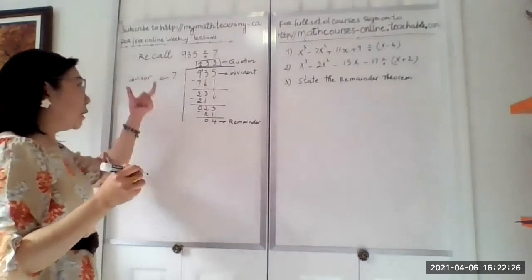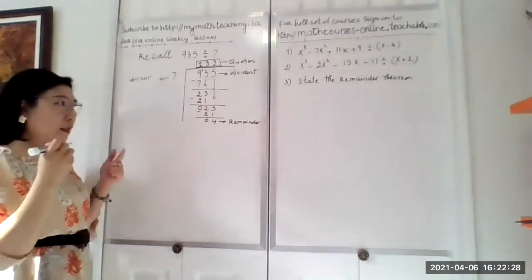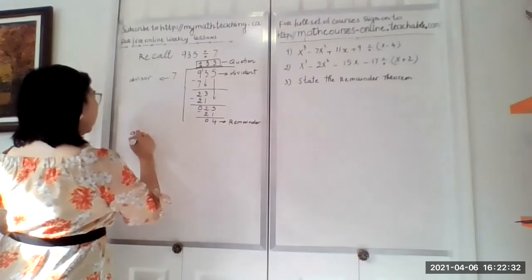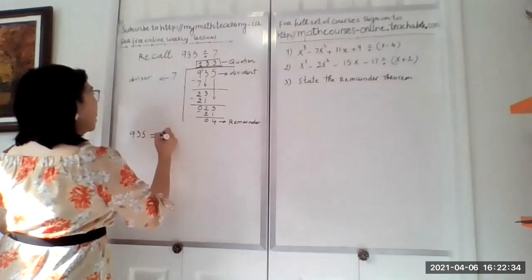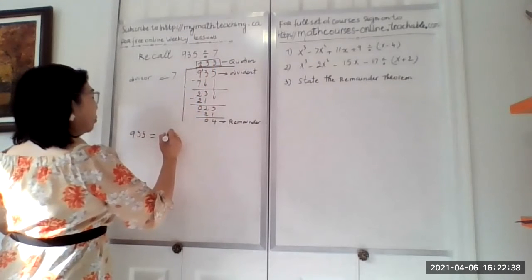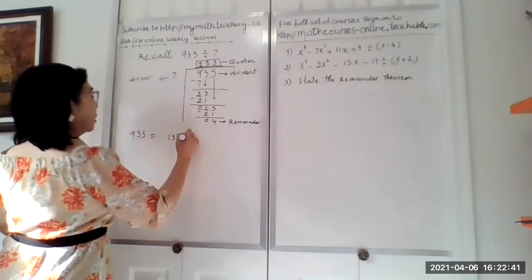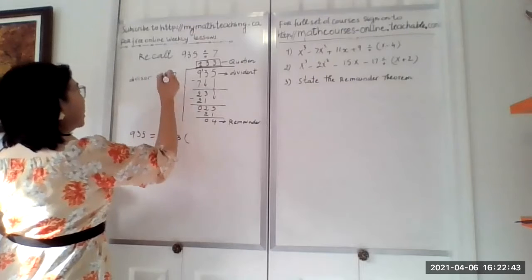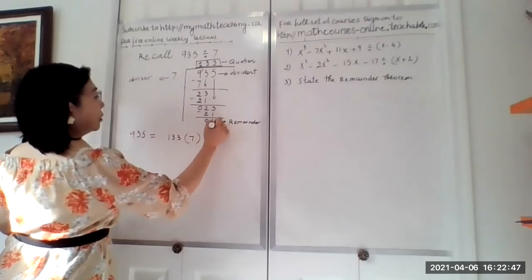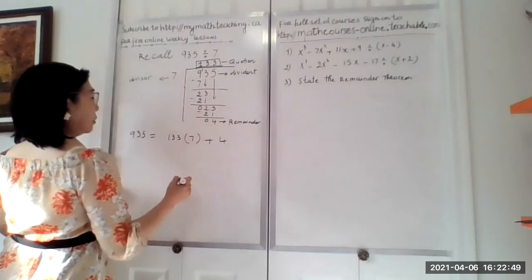Now, if I have to make a statement about this division, I write: 935 equals the answer 133 multiplied by 7 and adding the remainder 4.